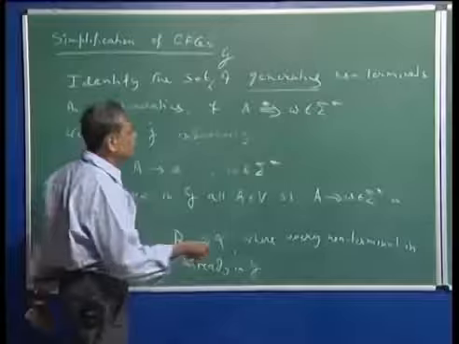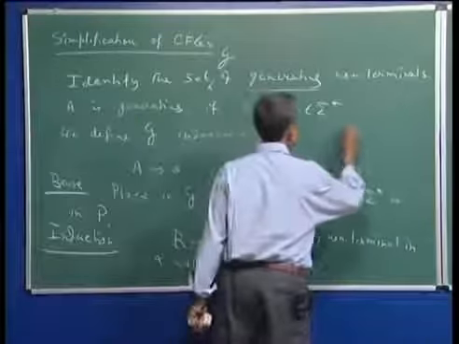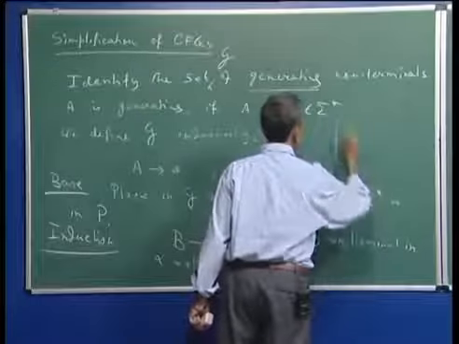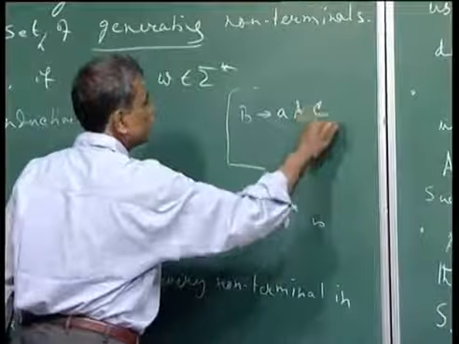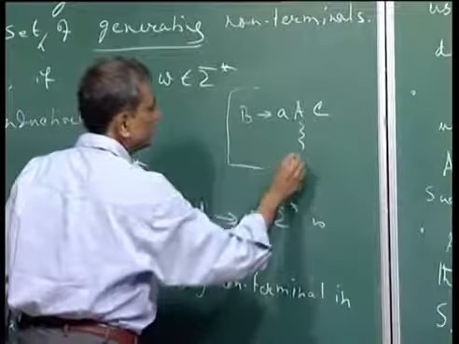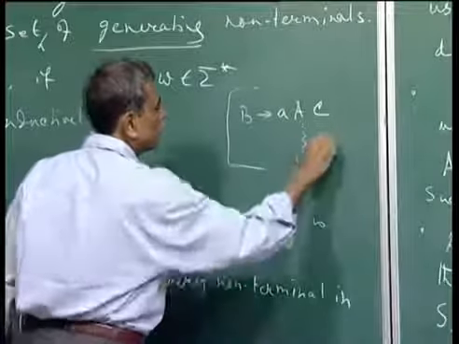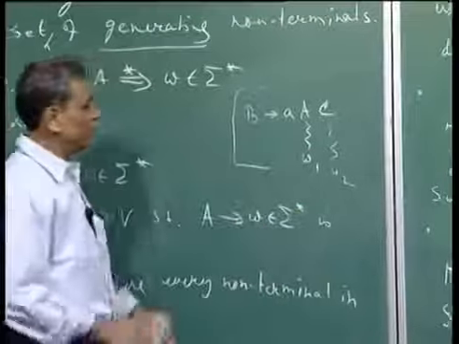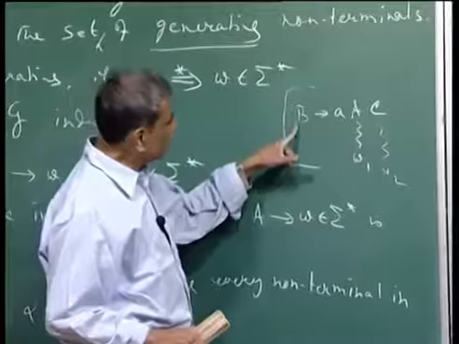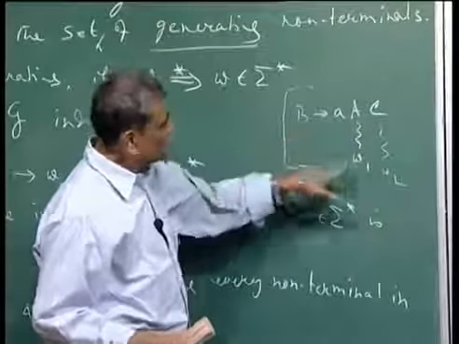Why? Because it is like this. Suppose the situation is B goes to A C, and I can derive some terminal string w1 from here, and some terminal string w2 from here. This is a terminal. So, what happens? That means I can derive from B the string a w1 w2.